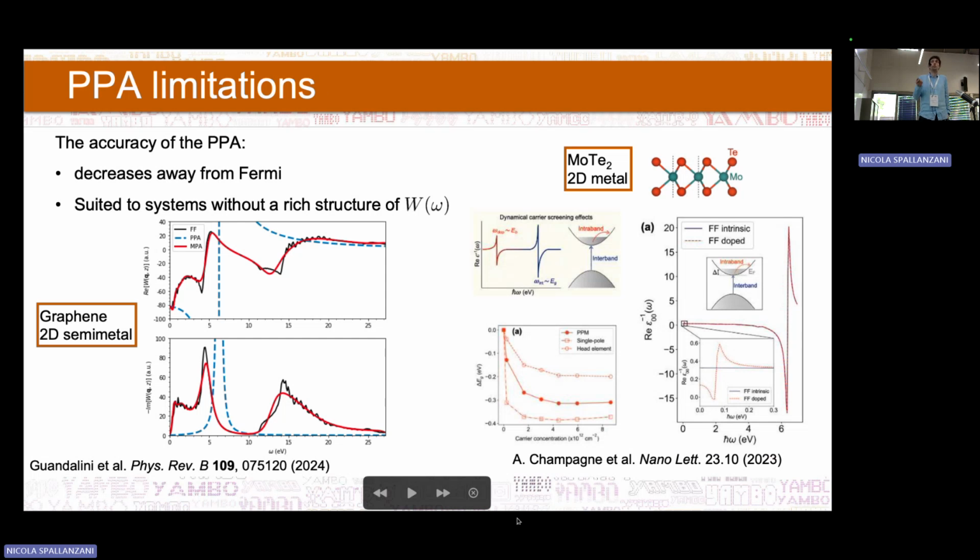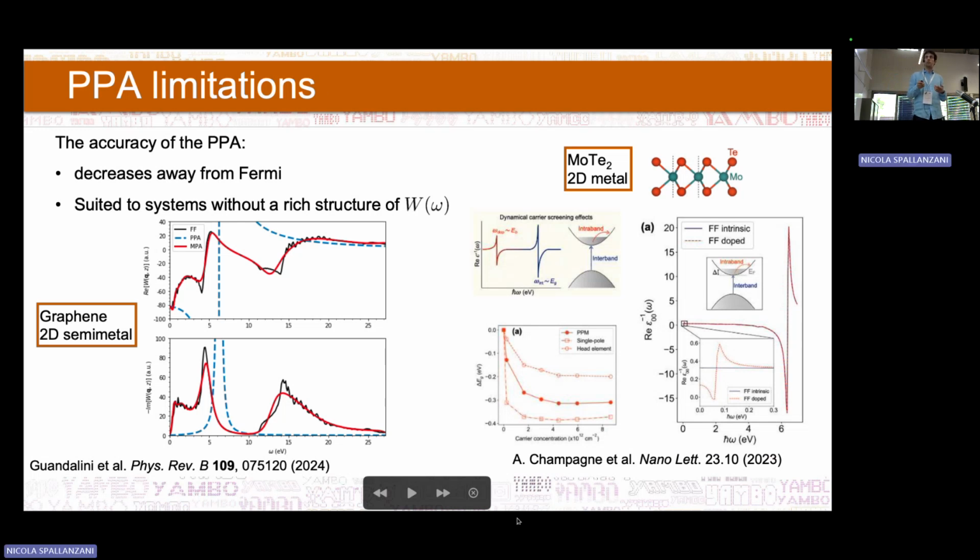And if you use the plasmon-pole approximation, you can either describe this peak here or this peak here, depending on your choice of sampling frequency. But if you want a precise description of the quasiparticle interaction, you actually need to include both. That's really where using a single-pole model is not enough for what the system actually is.